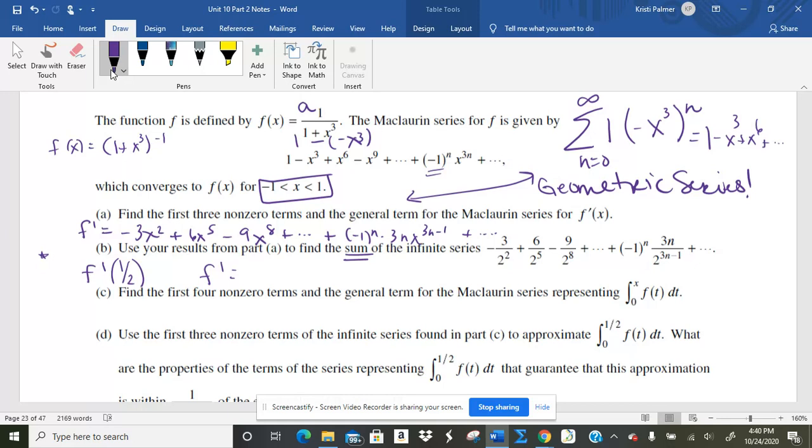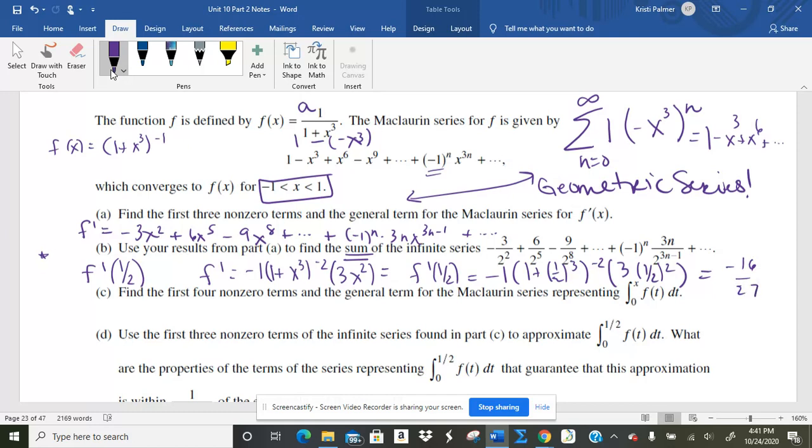So my derivative here would be -1, 1 plus x to the 3rd to the -2 times the derivative of the inside, which is 3x squared. So f prime of 1/2 is going to equal -1 times 1 plus 1/2 to the 3rd, all to the -2, times 3 times 1/2 squared. And you don't have to simplify that. You can leave it. If you did simplify it, I got -16 over 27, but you don't have to.